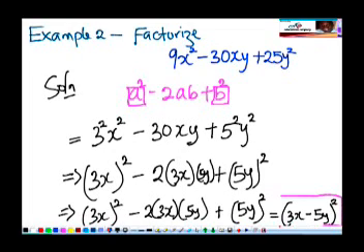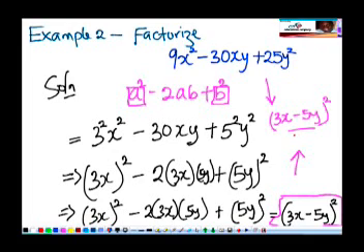You can compare this to the formula there and you find out it's the same thing. What I'm having from this end here is (3x minus 5y)², which is the same as this one here.